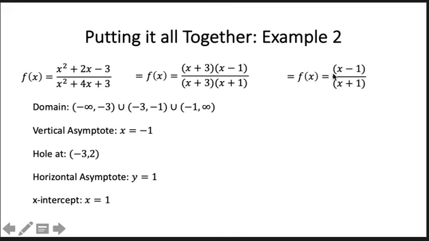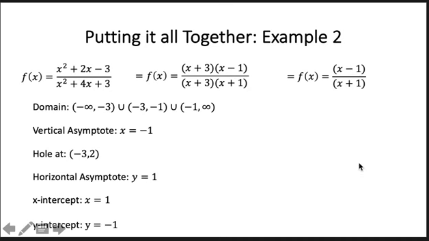So if we plug 1 into the numerator for x, we'll get 0. And the y-intercept comes from plugging a 0 in for x. So the y-intercept occurs at -1. 0 for x leaves -1 over 1.